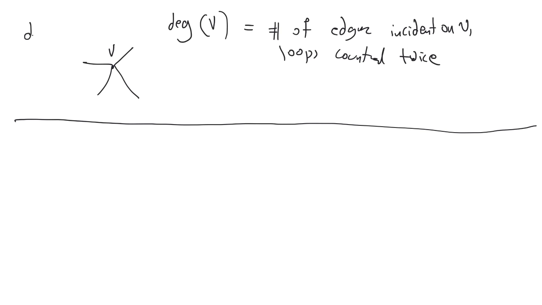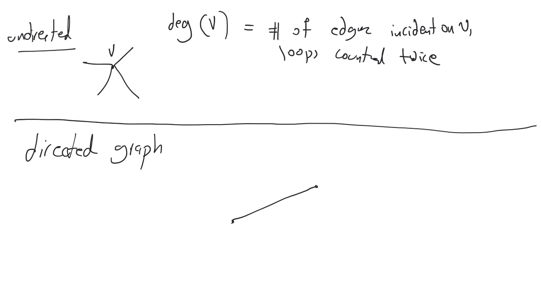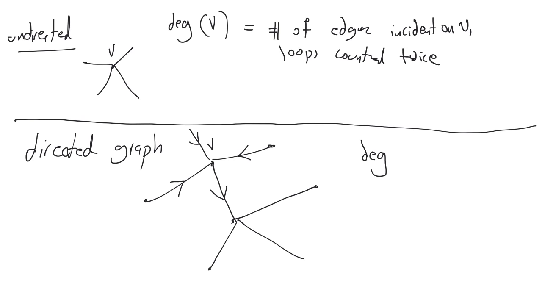For the case of directed graphs, every edge of a graph has a direction. So let's have v, and there are edges that come into v, and there are edges that go outside of v. Then there is a notion of degree plus and a notion of degree minus.